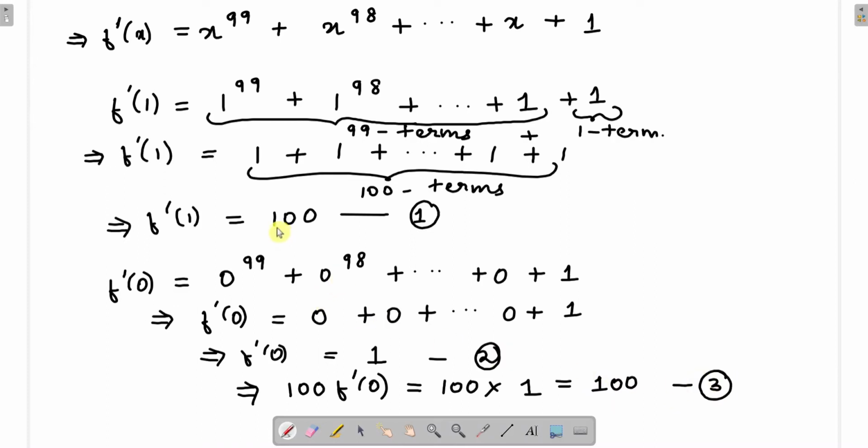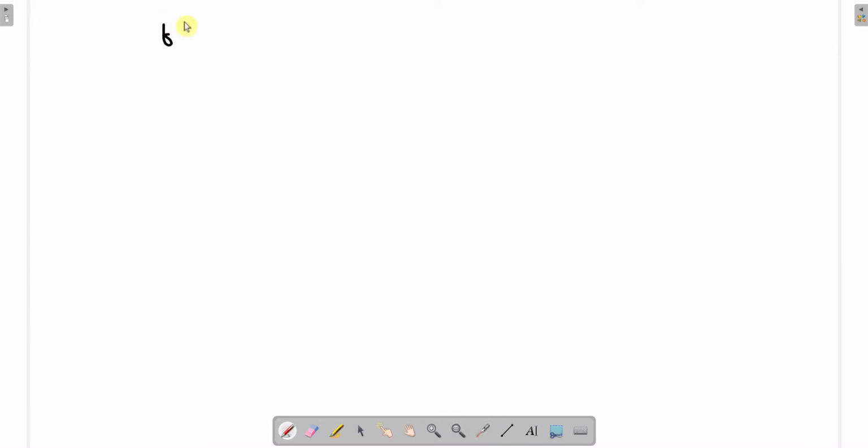So if you look at equation 1 and equation 3, what you find? Both are equal, right? f prime of 1 and 100 times f prime of 0 are equal. So that means f prime of 1 is equal to 100 times f prime of 0. This is from 1 and 3.